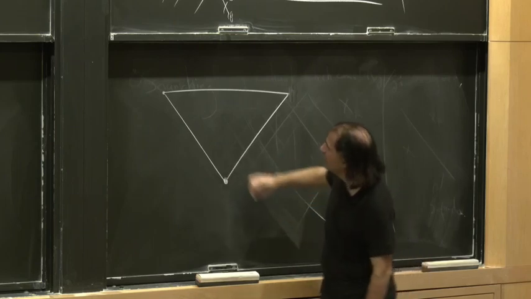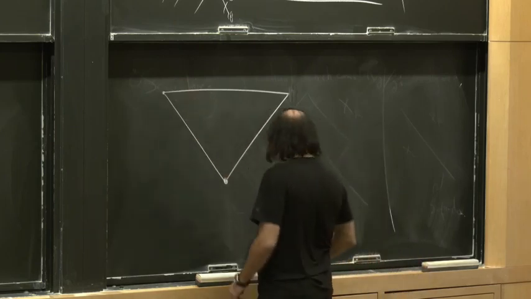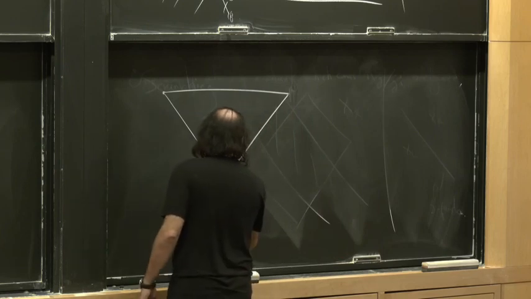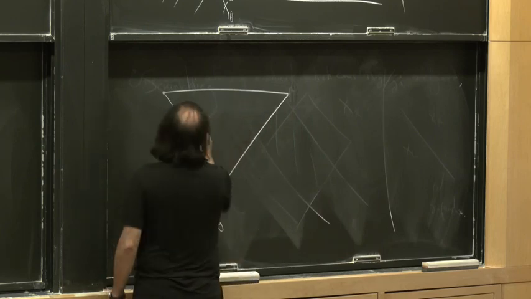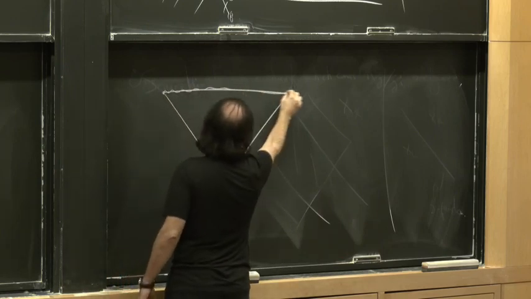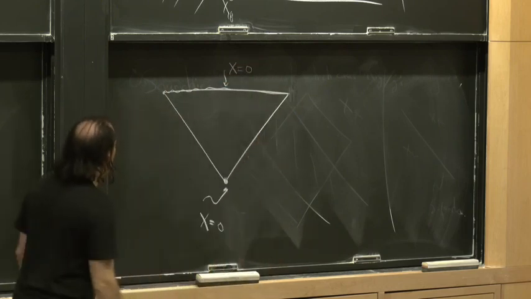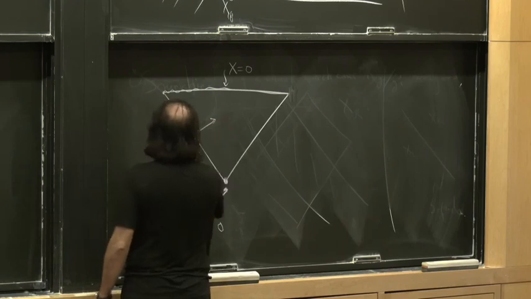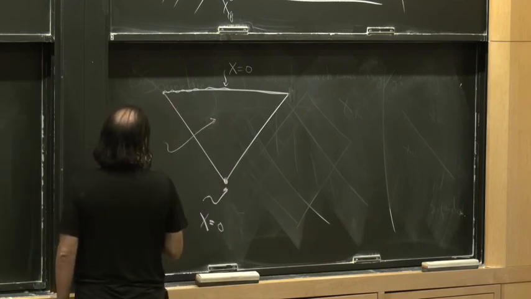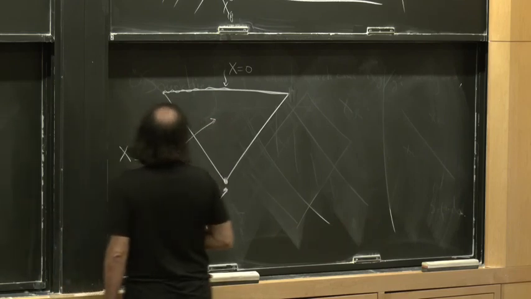So it's 0 here and 0 here. I'm demanding that x equals 0 here, x equals 0 here, and then we just want to ask that x is greater than or equal to 0 in there, with the source greater than or equal to 0.